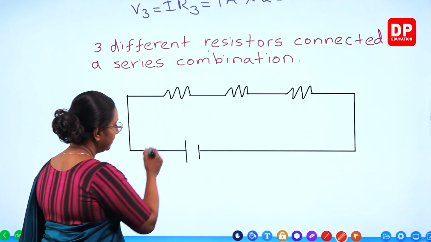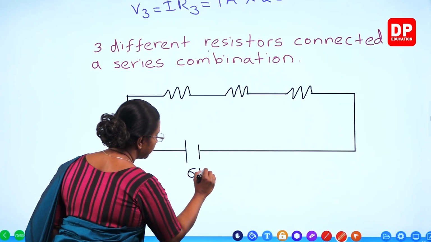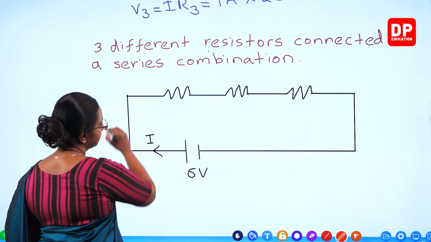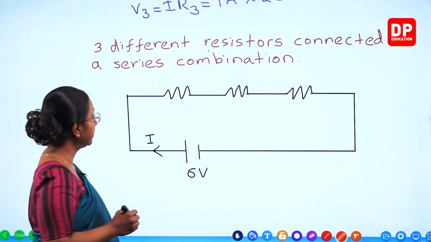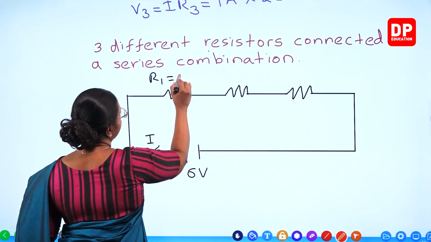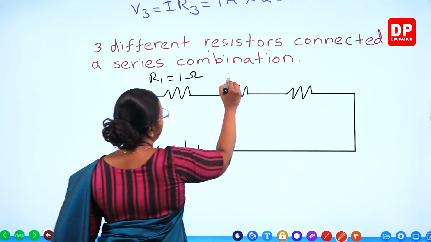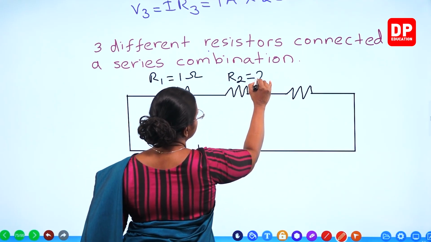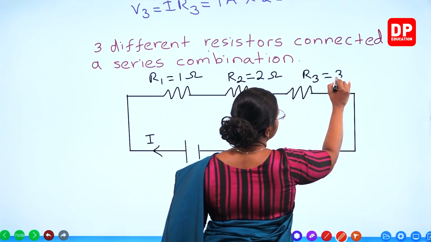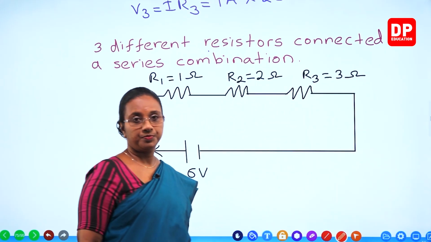So again, here also we will take the potential difference as 6 volts. Current I, that is the same current that is going to flow through all the resistors. This I will take as R1 equal to 1 ohm, R2 equals to 2 ohm and R3 equals to 3 ohm.